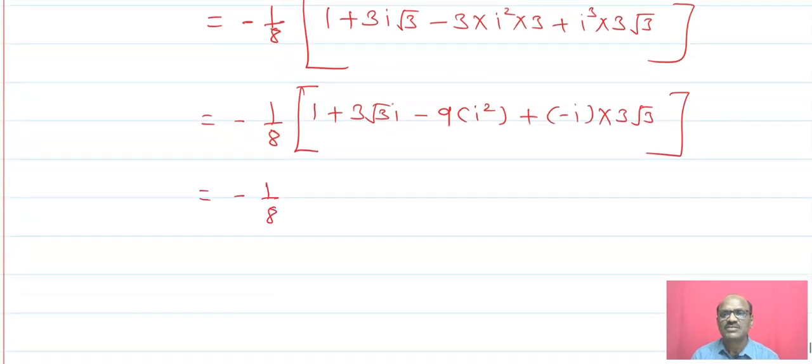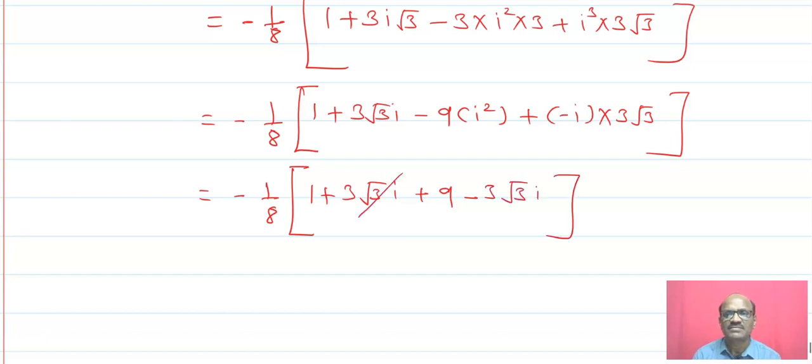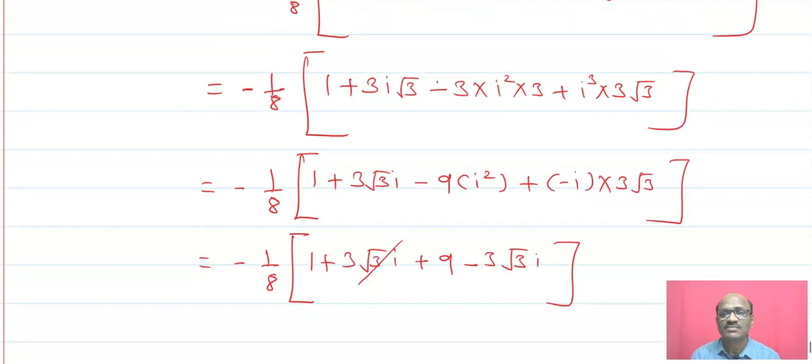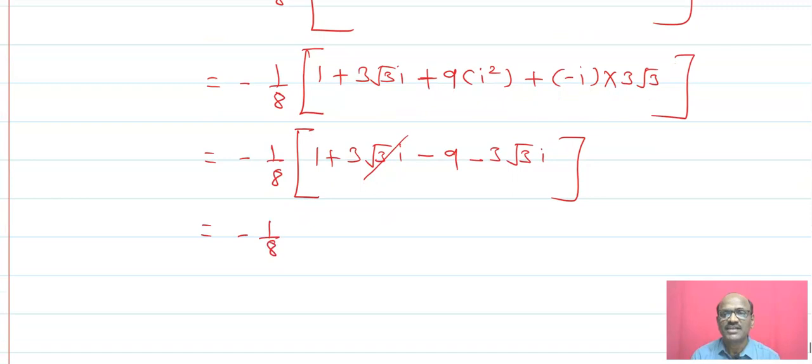Last term is okay. For the third term there must be the plus sign. Now I am changing it. There is a correction, and that will be minus 9. Now it's corrected.